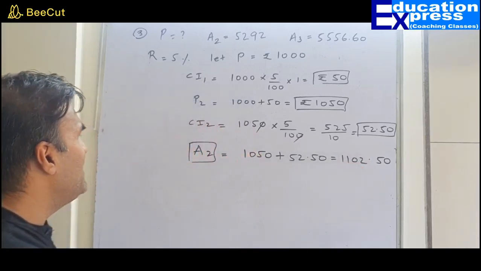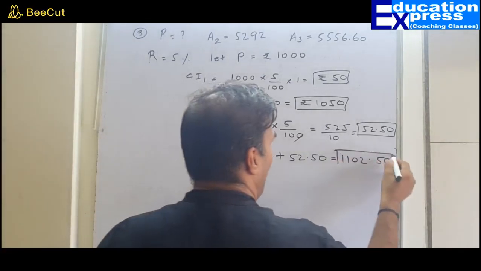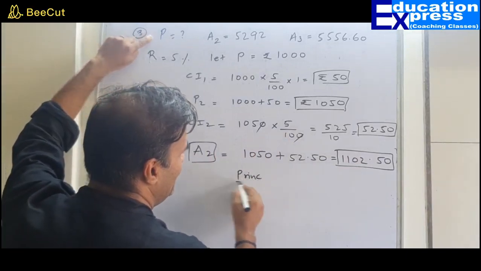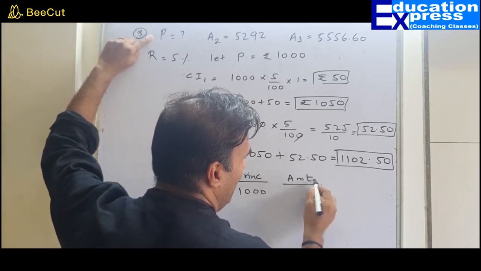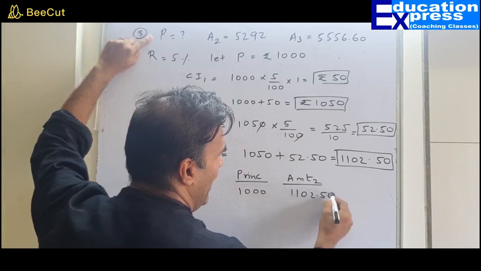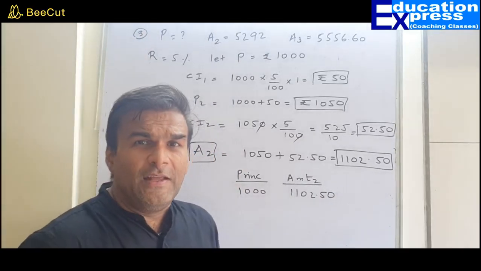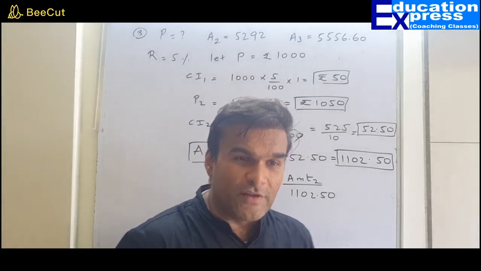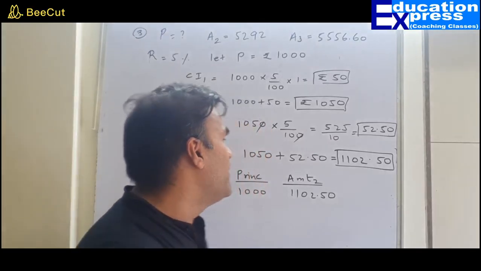So my dear friends, here we go. Knowing the fact that when the principal is 1000, amount at the end of second year would be 1102.50. What has happened is, in the first phase, they asked us the rate. That means what is the rate of interest. So by comparing the formula, I found out the rate of interest.